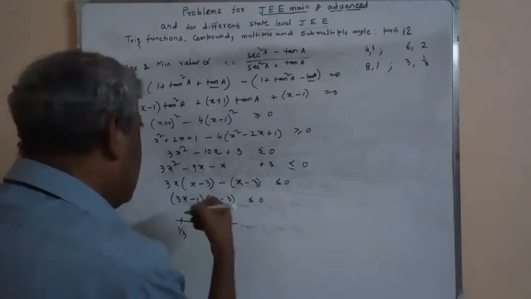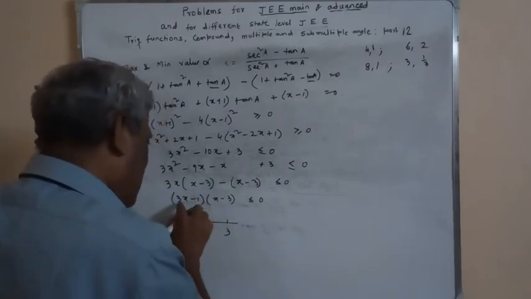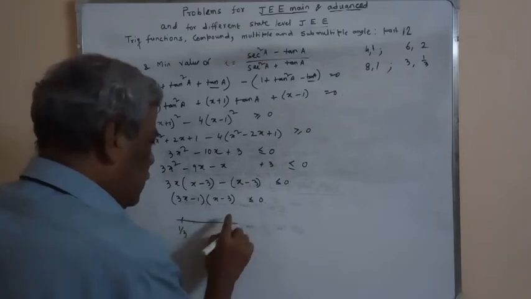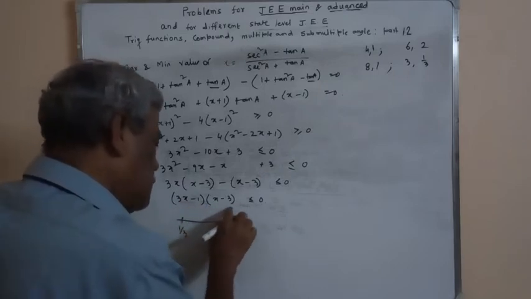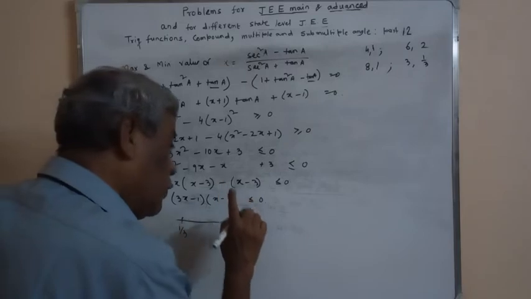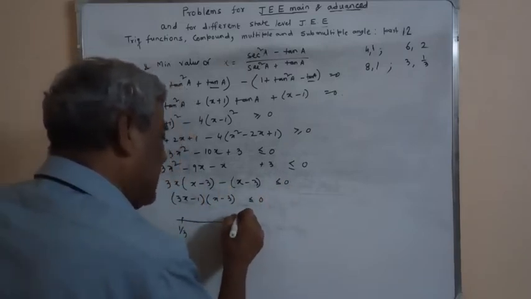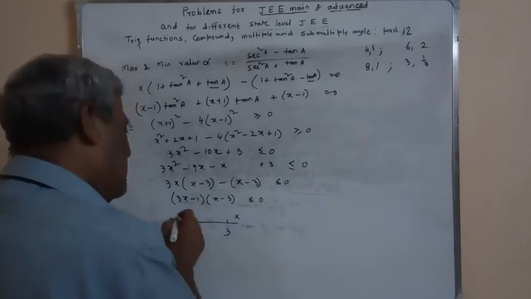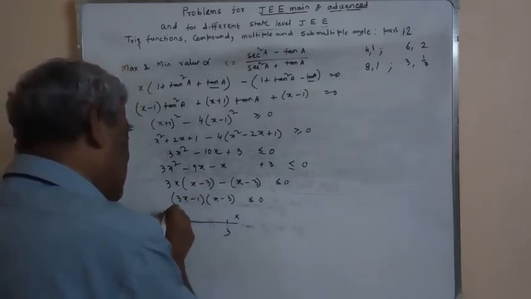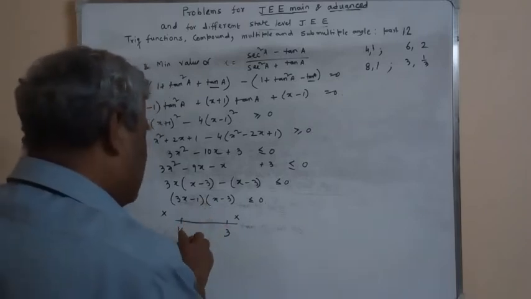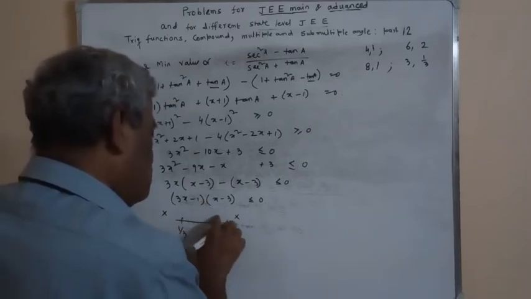If x is greater than 3, then both factors are positive, so the product would be positive, but it must be negative. So x cannot lie after that. By the same argument, x cannot lie before that. So x must lie between the two roots.